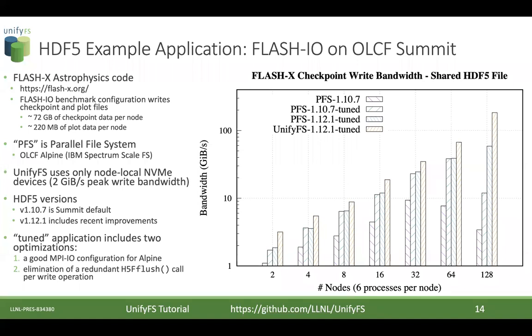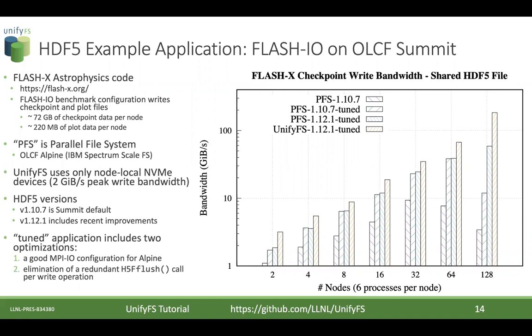And so we found a redundant call to H5Fflush that occurred after every single write operation in the application. And this was clearly visible because when we looked at the number of calls to certain synchronization operations, it was very, very high. And if you looked at the trace view of it, you could see everything was stalling with these synchronizations.